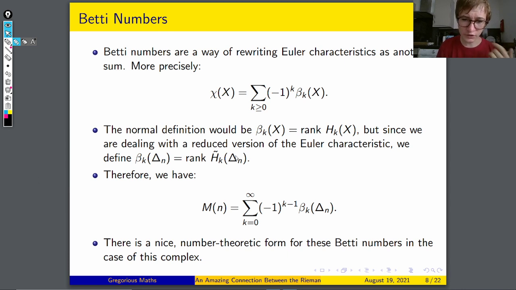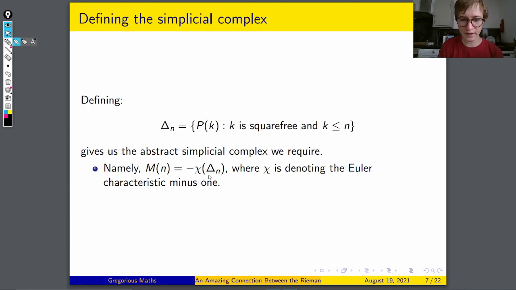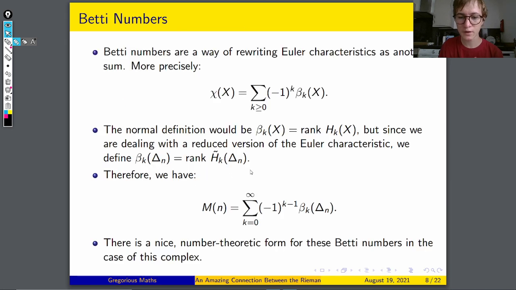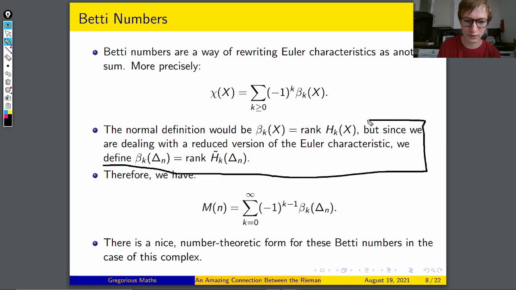And of course, because this right here denotes the Euler characteristic minus 1, we have to define our Betti numbers in this case as the rank of the reduced simplicial homology.